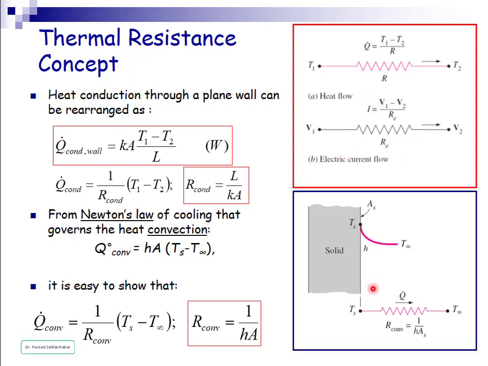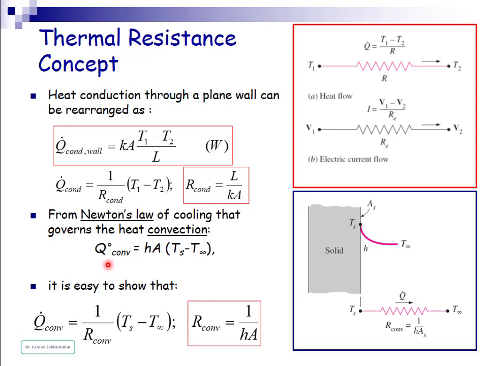figure. Now consider convection heat transfer from a solid surface of area As in this figure, as the temperature of the surface is Ts, to a fluid whose temperature sufficiently far from the surface is T infinity.